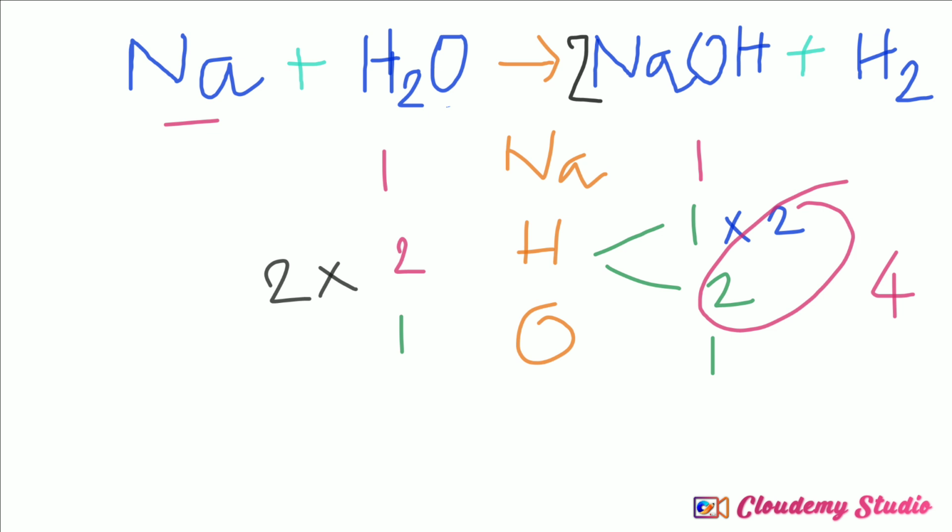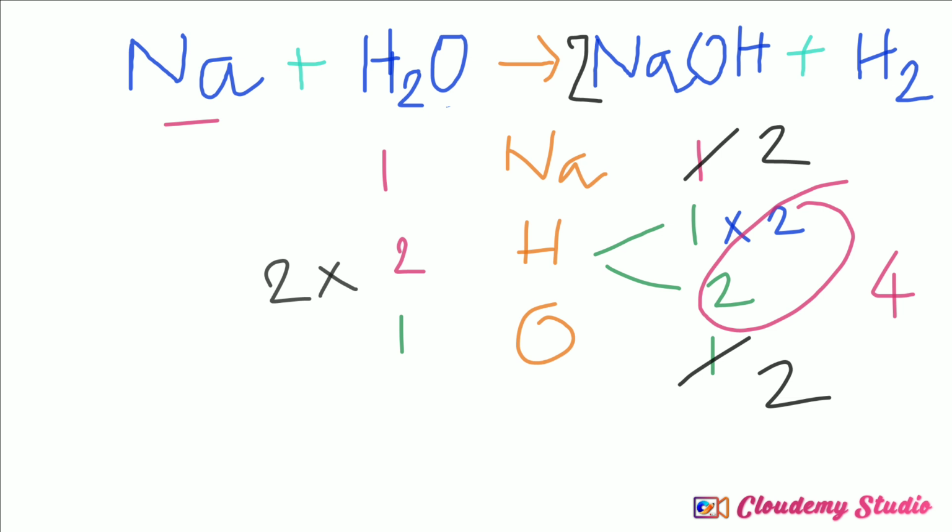When we multiply this NaOH by 2, what happens? Sodium automatically will turn to the right hand side because this 2 belongs to sodium, oxygen as well as hydrogen. So sodium will change 2 times. Oxygen also will change, that is 2 into 1 oxygen, oxygen also becomes 2.